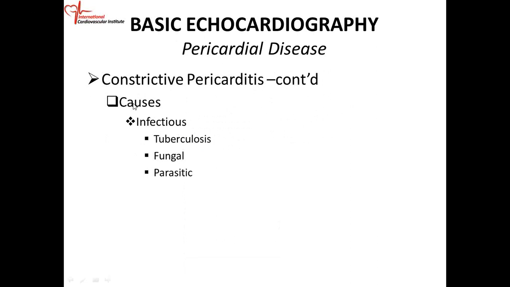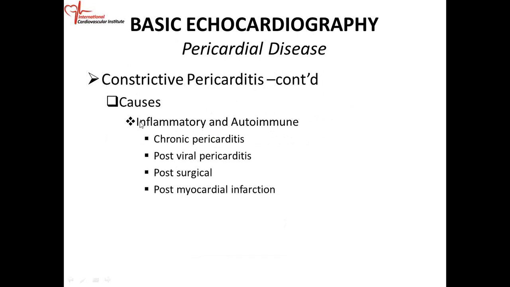Again, the causes for constrictive pericarditis, TB is a big one, tuberculosis. So in former years when TB was common, we used to see much more constrictive pericarditis. Fungal disease, fungal infection, parasitic infection. You can get it from inflammatory and autoimmune processes, chronic pericarditis, post-viral pericarditis.